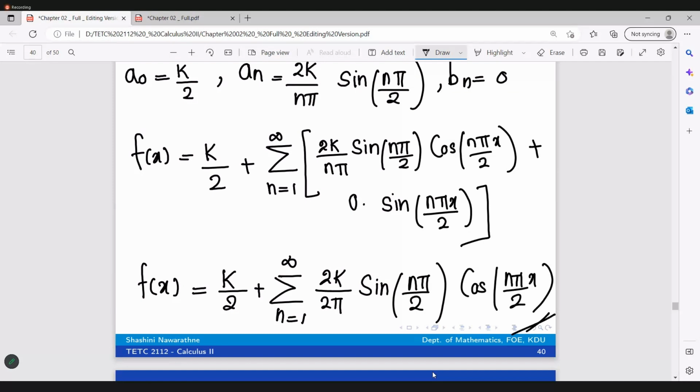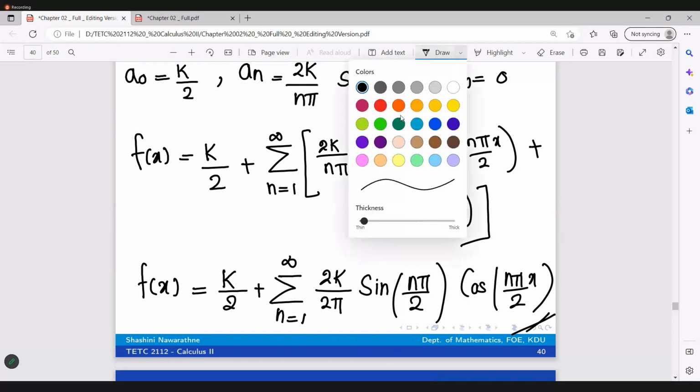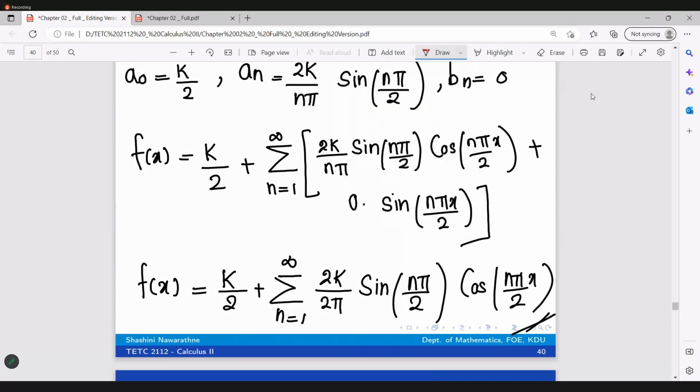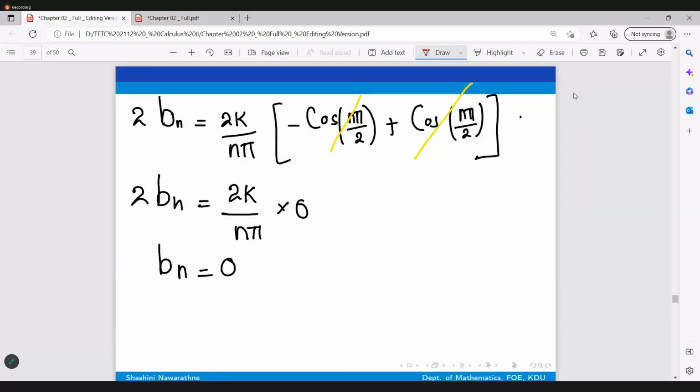And here there are no sine terms because the coefficient bn is 0. So here there is something important.